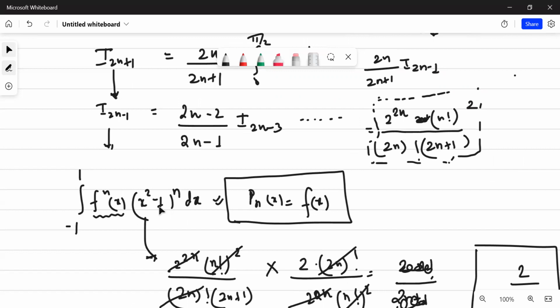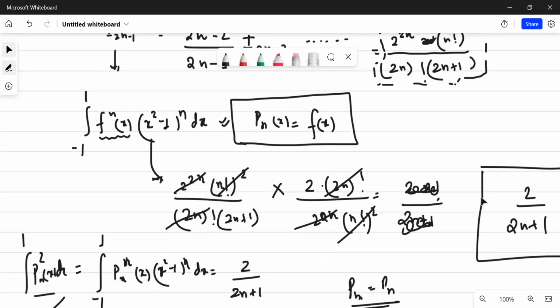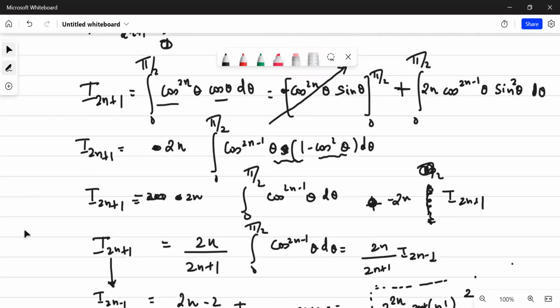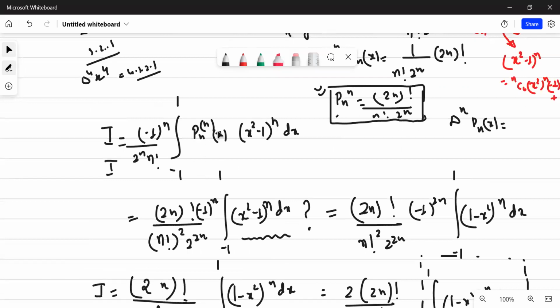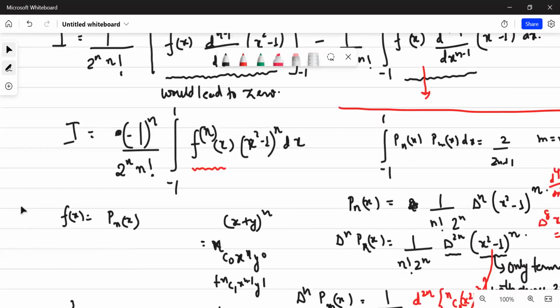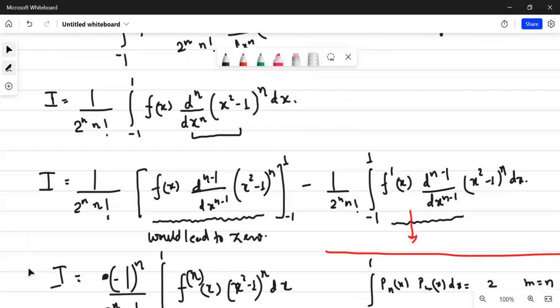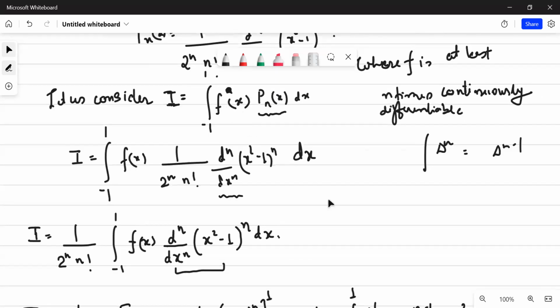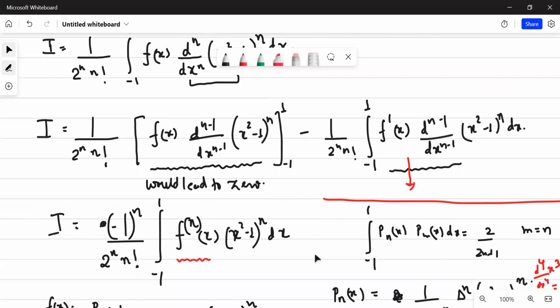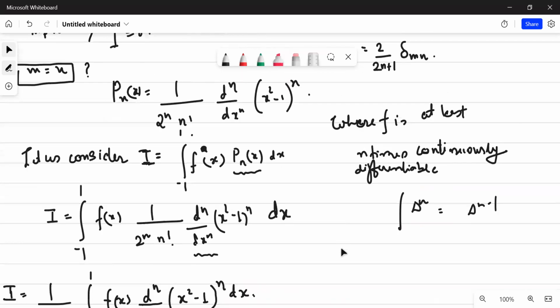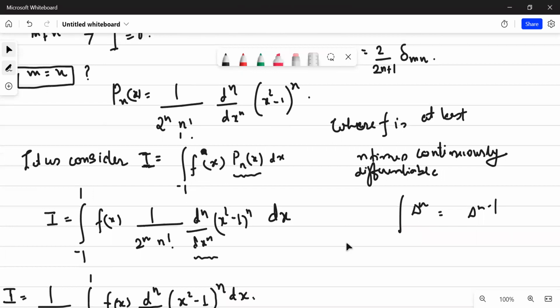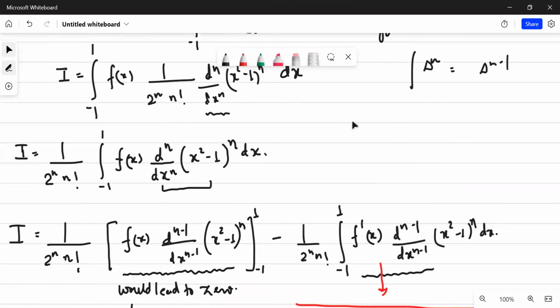So if I replace Pn here, I eventually get 2 upon 2n plus 1. So the integration from -1 to 1 of Pn squared is 2 upon 2n plus 1.